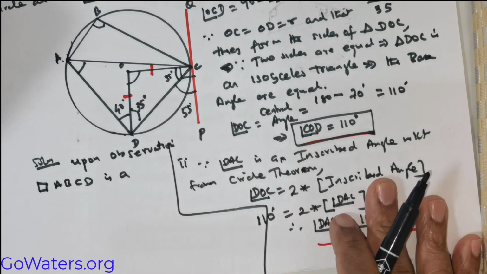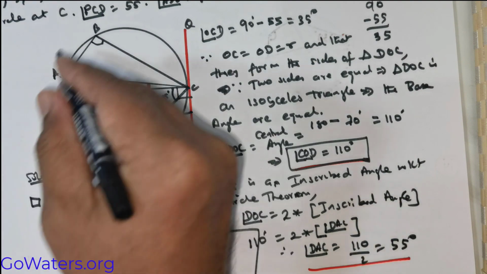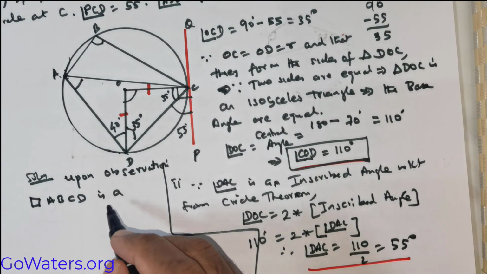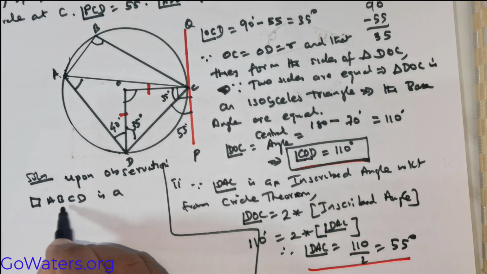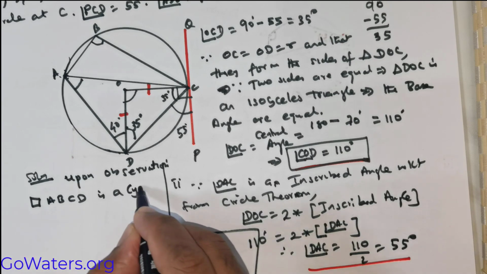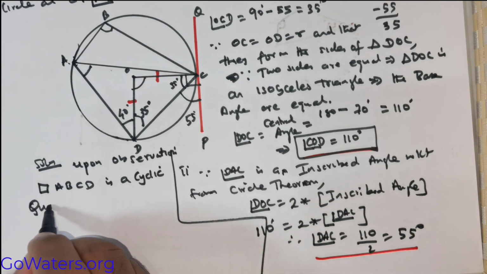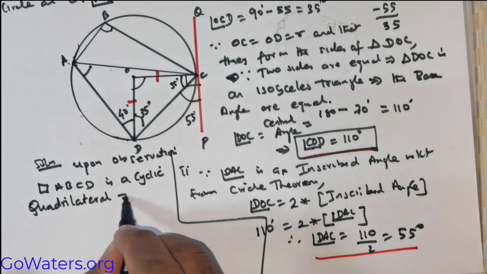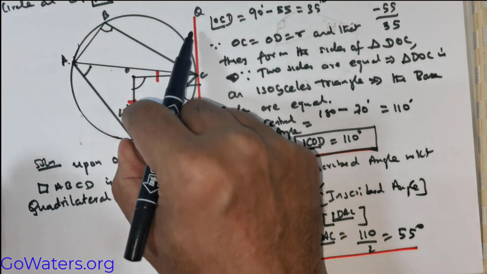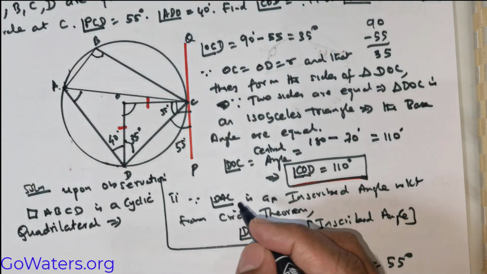Why is it cyclic? Because all the vertices of the quadrilateral lie on the circle. So that's the reason I'm stating here. Upon observation, ABCD is a cyclic quadrilateral. So this would mean the sum of the opposite angles is equal to 180.